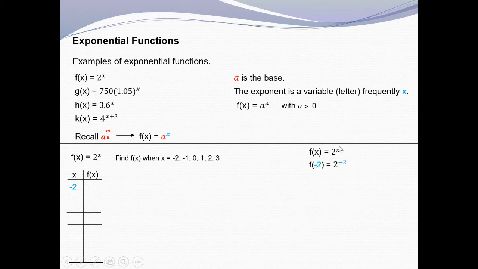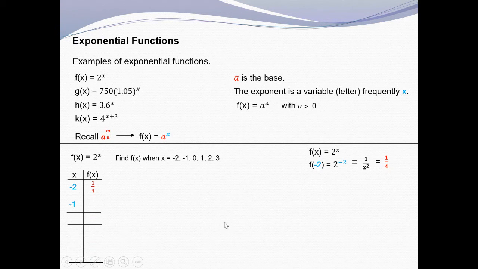That means I'm going to plug in a -2 for every x. Here we apply the negative exponent rule, so this becomes positive, but it goes to the denominator. So 1 over 2 squared is equal to 1/4. So when x is -2, y is 1/4.